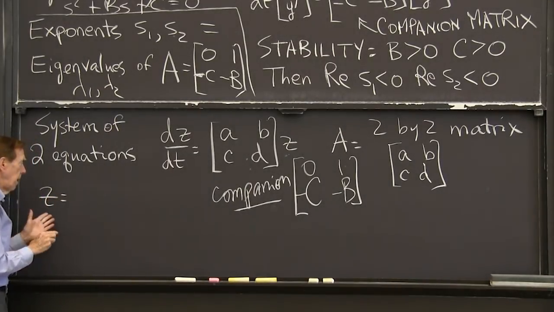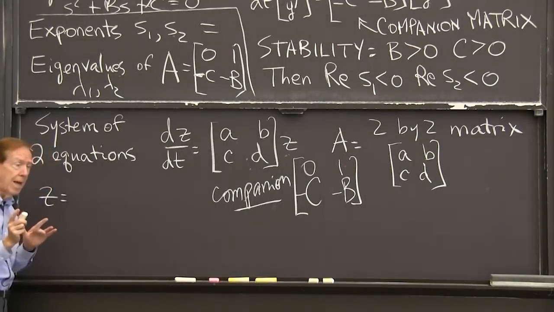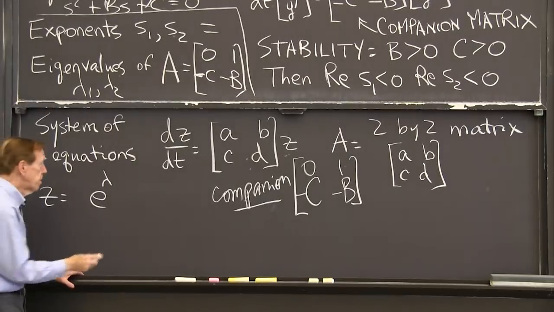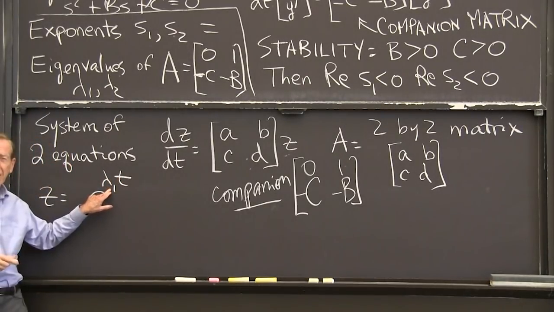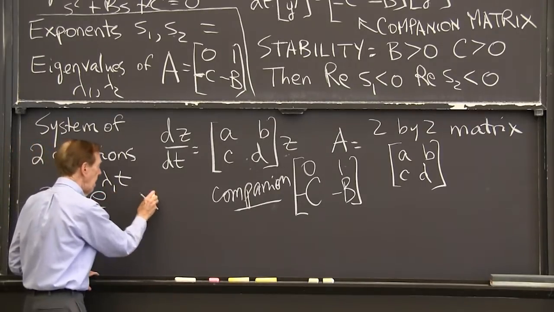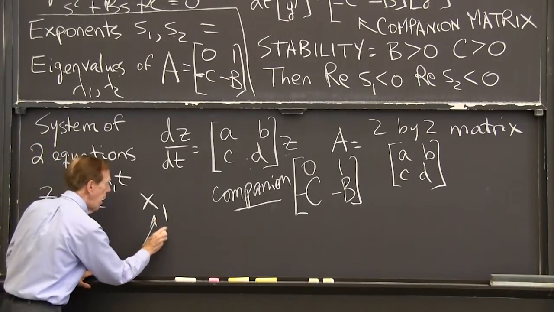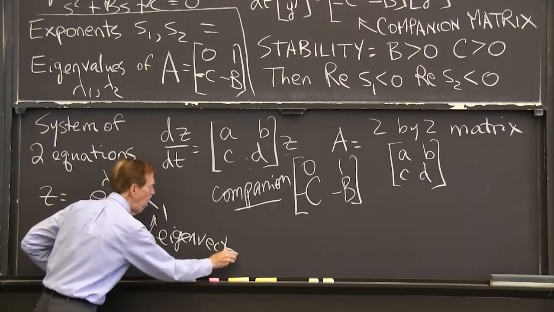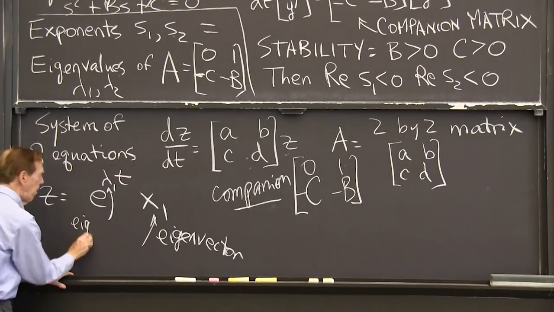Z is, it turns out, this is the key, that there is an e, you expect exponentials, and you expect now eigenvalues instead of s there. And now we need a vector, and let me just call that vector x1. And this will be the eigenvector. And this is the eigenvalue.